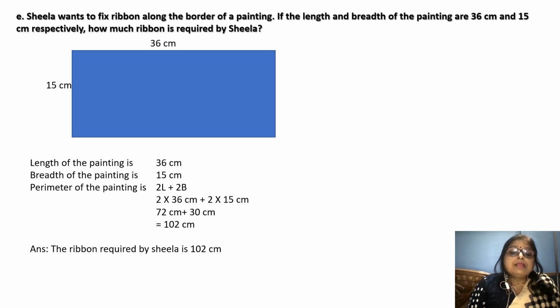So the answer is, the ribbon required by Sheila is 102 centimeter. So in another word, you can say that 102 centimeter of ribbon is required to fix around this rectangular painting.